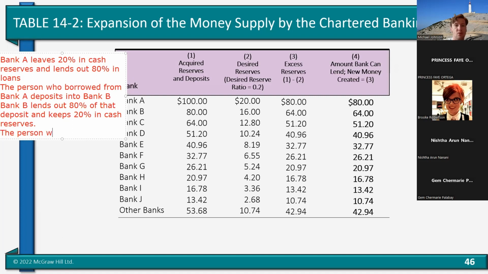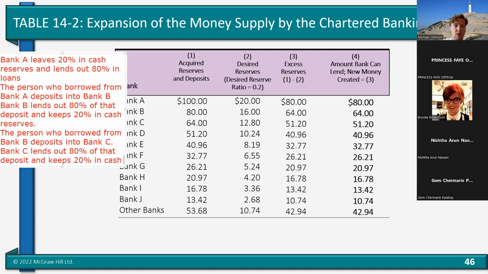The person who borrowed from bank B deposits into bank C. Bank C lends out 80% of that deposit and keeps 20% in cash reserves.